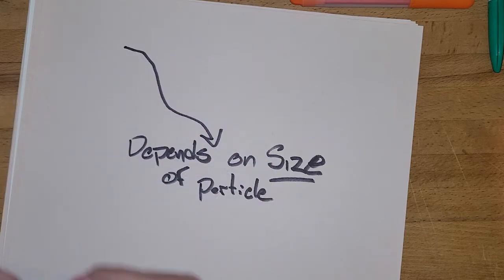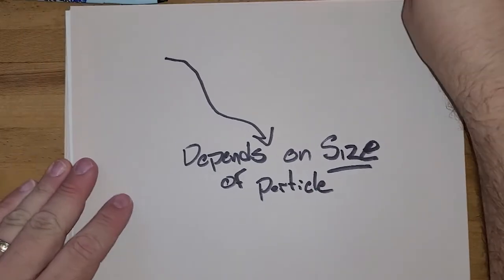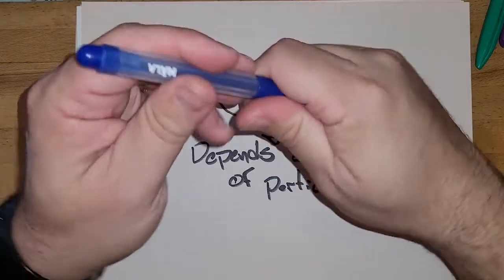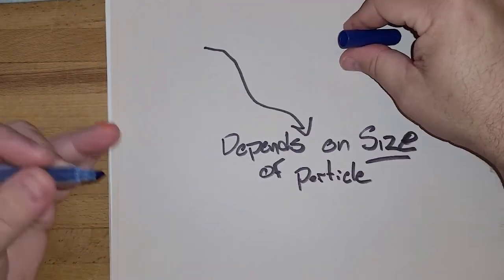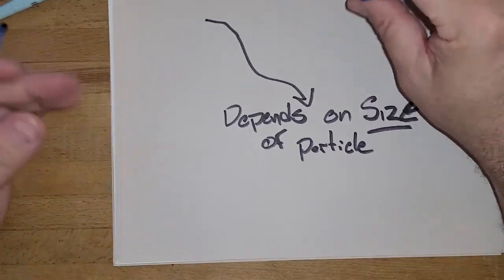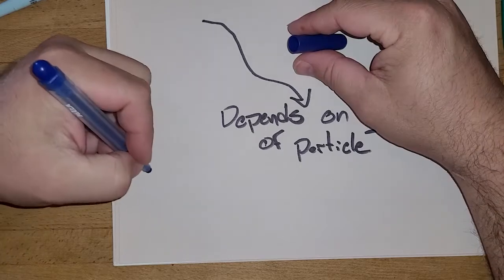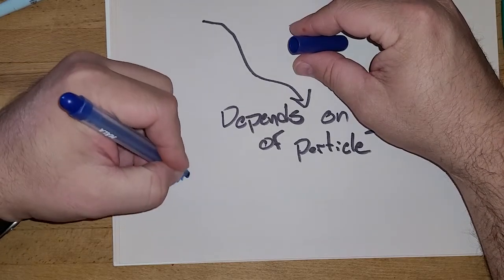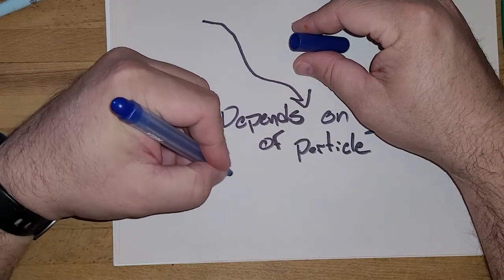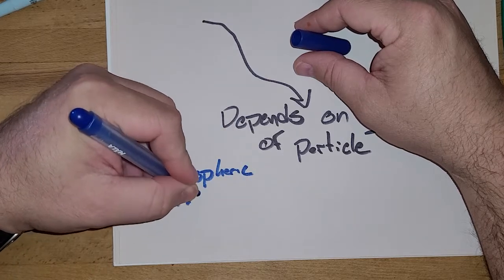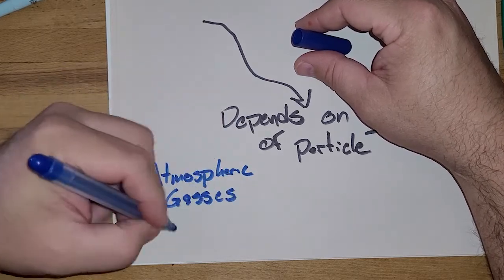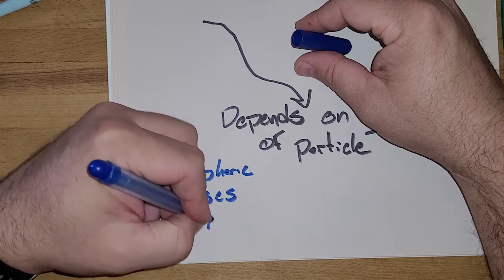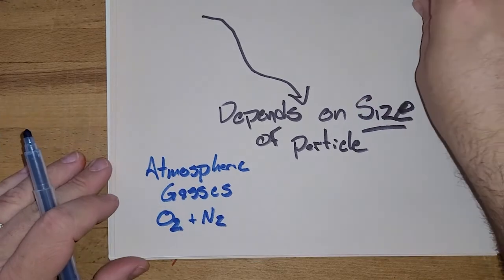Now, there are a number of different things that we have out there. The very first thing that we'll start to talk about in another video is going to be the actual atoms or molecules, the gases that we have. So atmospheric gases, namely oxygen and nitrogen, O2 and N2.